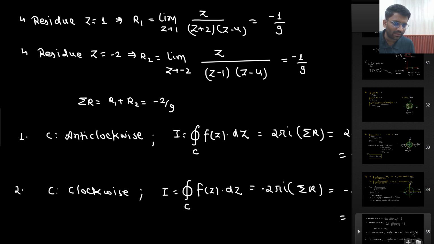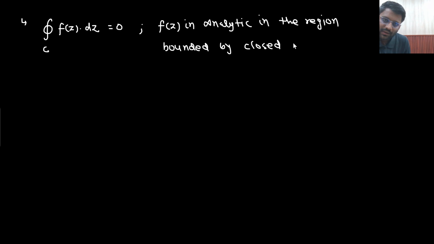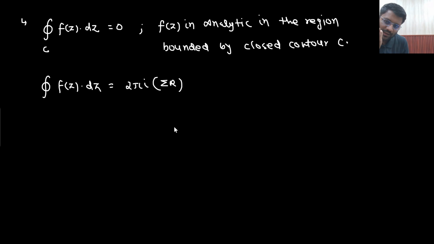If I need to write down the conclusion, what I will say, sir, is that if they are asking for the closed contour integral of f(z) dz, the answer would be 0 if f(z) is analytic in the region bounded by the closed contour C. Otherwise, it would be equal to 2 pi iota summation R.